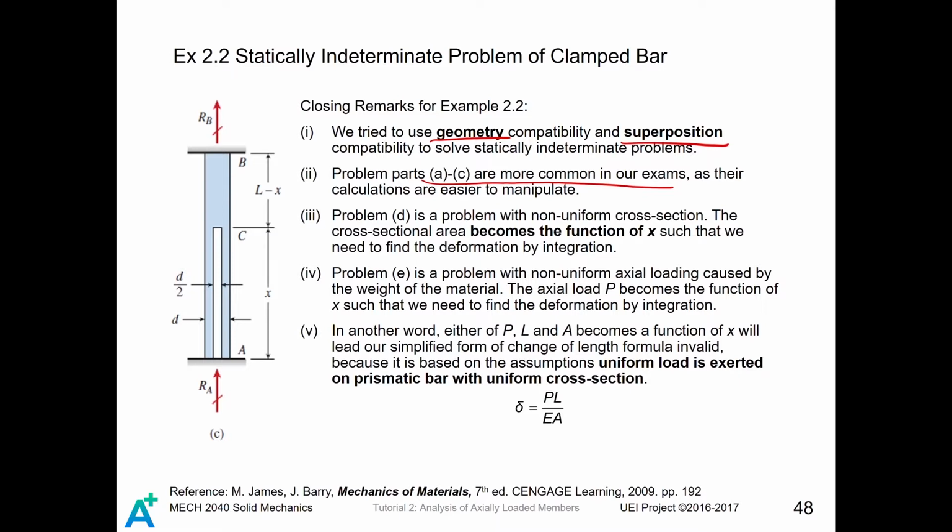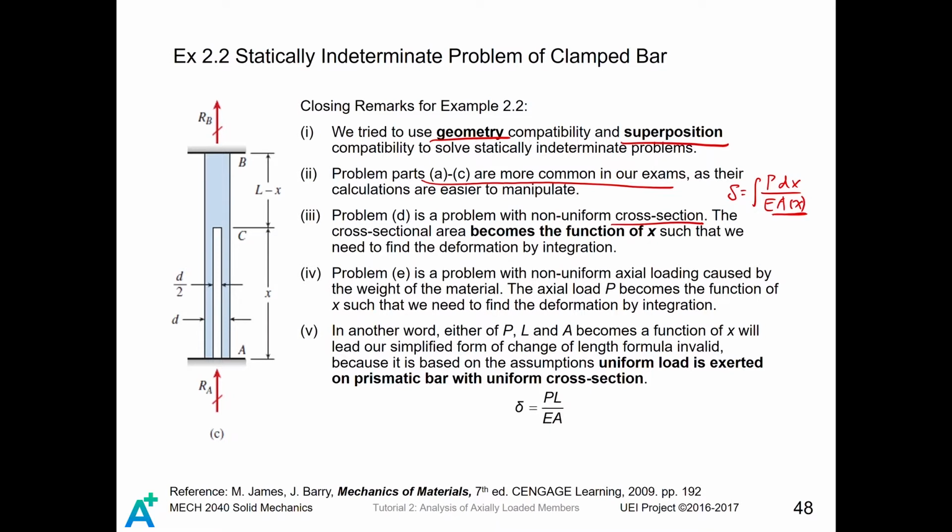But I'm not sure whether it will be tested in your offering, so I still recommend you learn about it. In problem D, the cross-section is changing along x. That is, for the integral, delta equals P dx over E A(x). In this case, A(x) is a function of x.